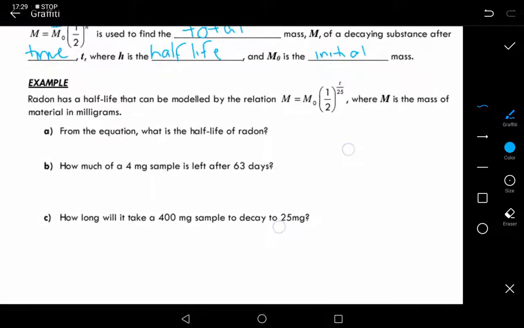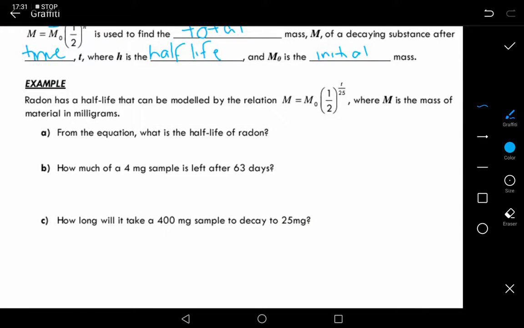So an example here. Radon has a half-life that can be modeled by the relation m equals m₀ times 1/2 to the power of t over 25, where m is the mass of material, in milligrams. From the equation, what is the half-life of radon?